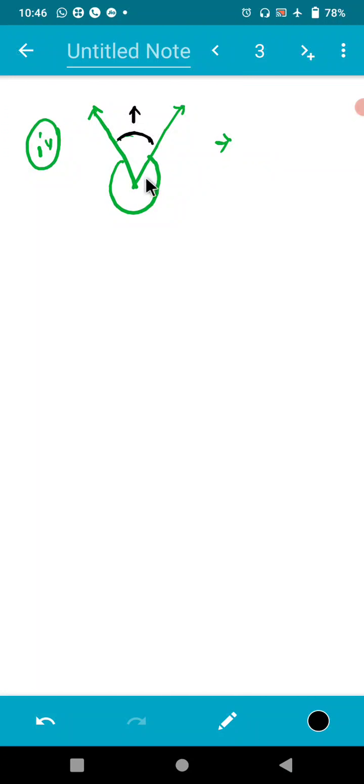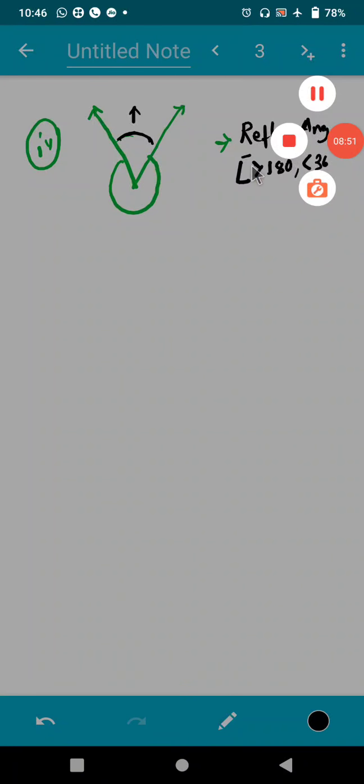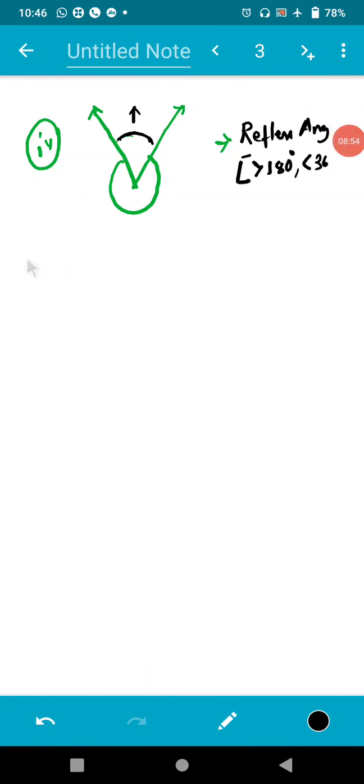This angle is more than 180 degrees but less than 360 degrees. So we will name it a reflex angle, because it is more than 180 degrees and less than 360 degrees. This is 360 degrees. Okay, let's leave it.